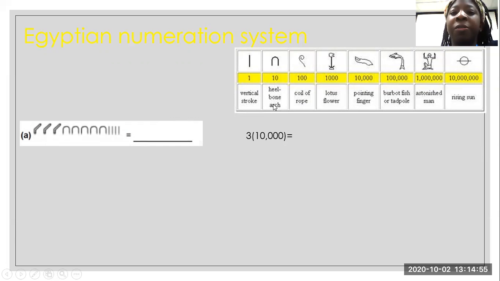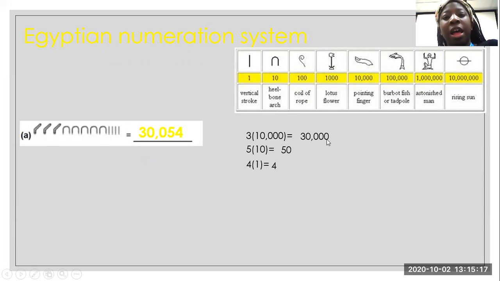So we'll put 5 times 10 because our heel bone arch is 10, which will give us 50. And now we have 4 vertical strokes. So 1 times 4 is equal to 4. So we'll add all these together, and then we'll get 30,054.